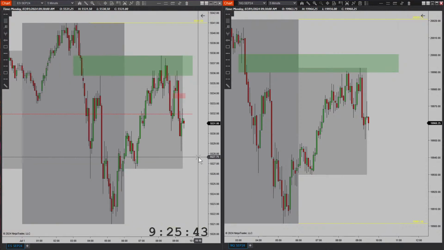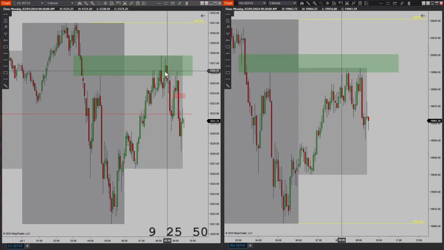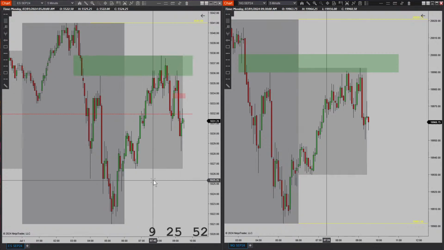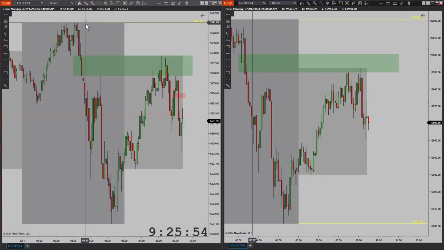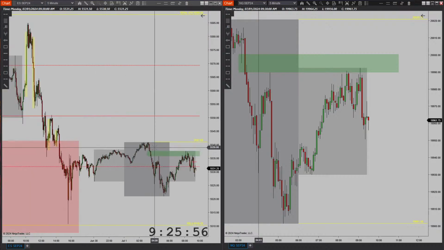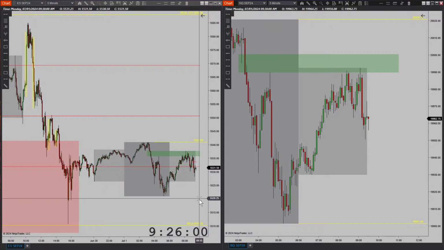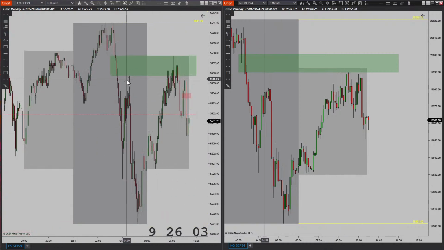Now, if this imbalance holds, I don't expect this high to get taken. I mean, there are technically relative equal lows, relative equal highs, but that's fine. This is the liquidity pool I was talking about.